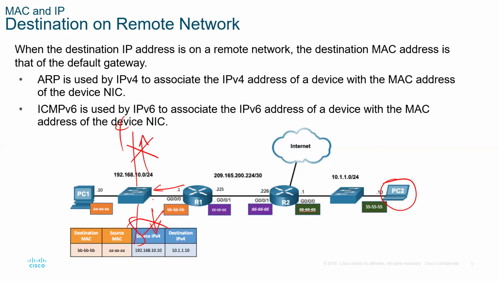After responding, the switch will re-encapsulate the frame. Now it has the destination MAC. With the destination MAC, that's how we get to this router. Then from this router we want to get to this point, so another ARP request is sent.